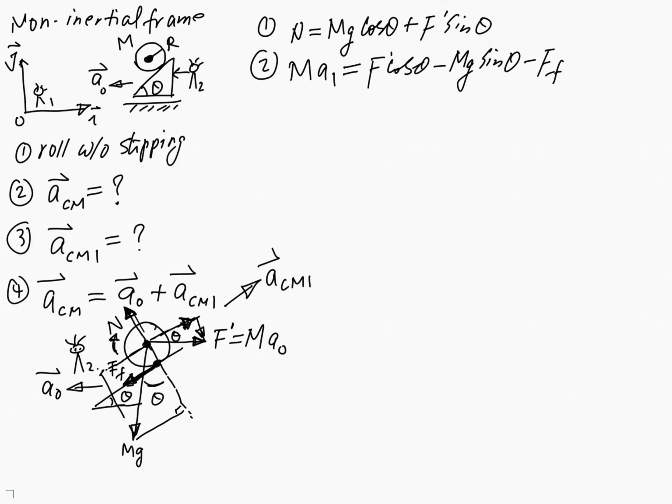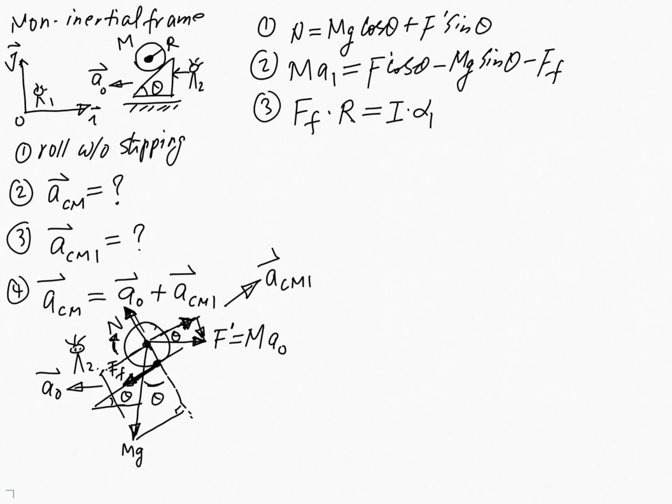Now we need to find out what F friction is. F friction is the friction force that causes the rotation. So in order to cause the rotation, we have another rotational law, meaning the torque caused by this force is F friction times R and equals I times alpha 1.